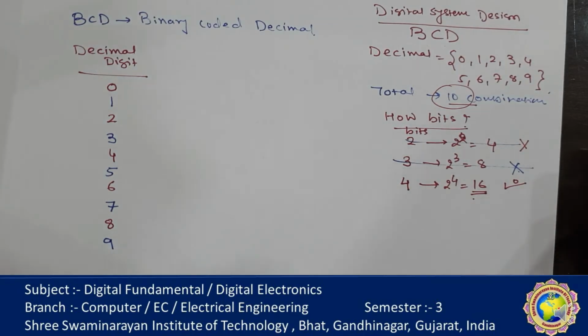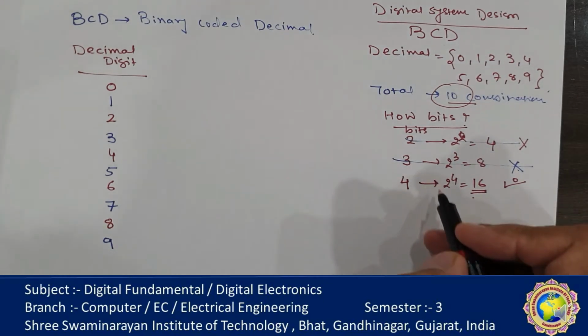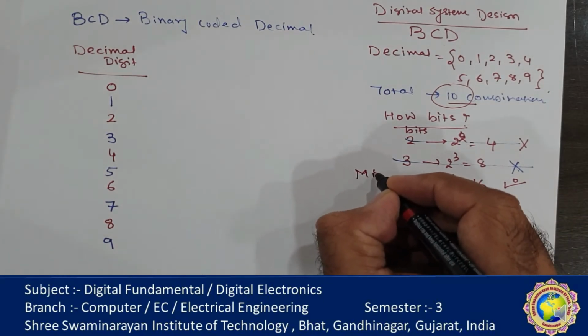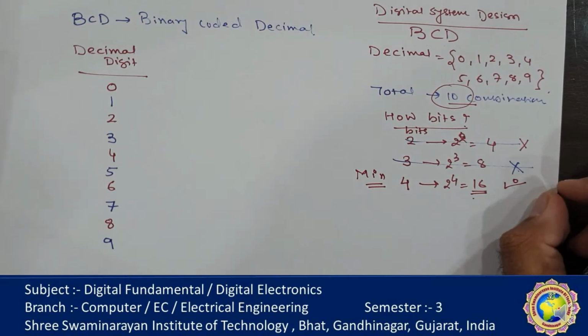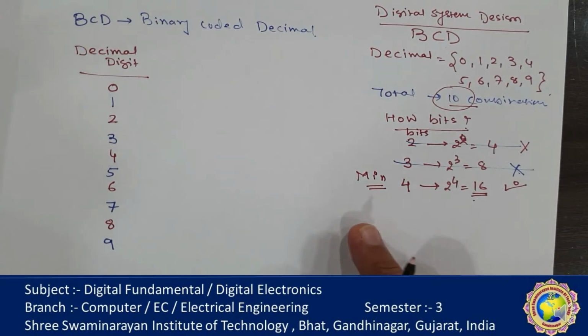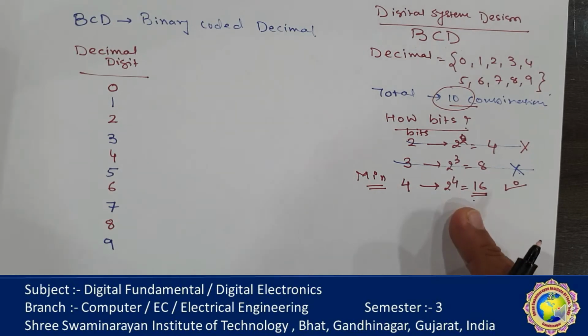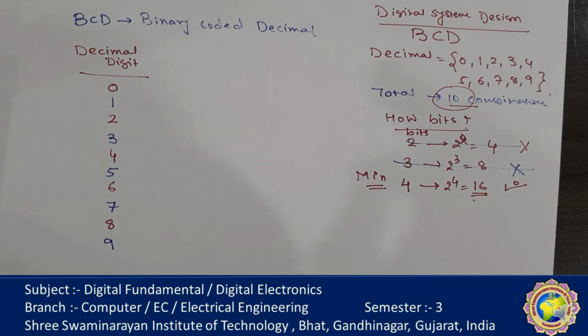So binary code for a decimal digit, a minimum of 4 bits are required, because with the help of minimum 4 bits, we can make 16 combinations. Numerous different codes can be obtained by arranging 4 or more bits in 10 distinct possible combinations.